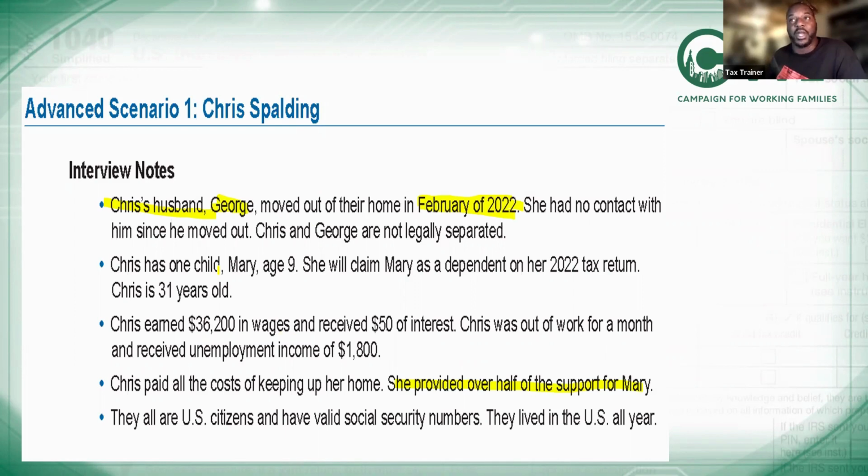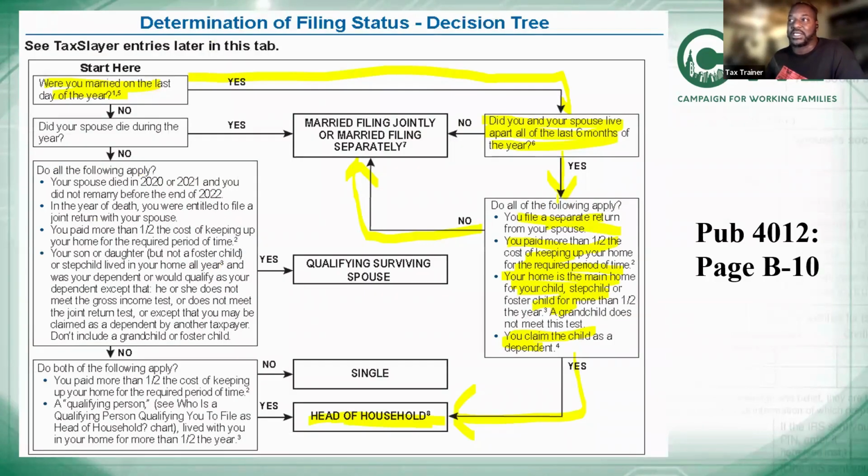So she's considered married, but she can file as head of household because she met these guidelines to be head of household. So it's not going to reject for her at all. Even if he puts down her social security number when he does his married filing separately, it won't reject hers at all.